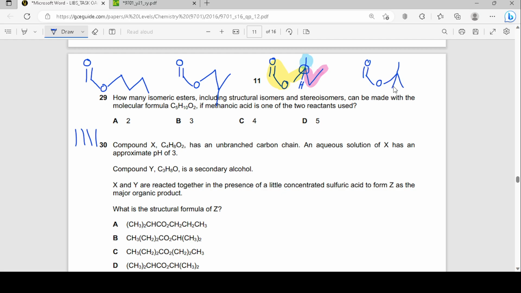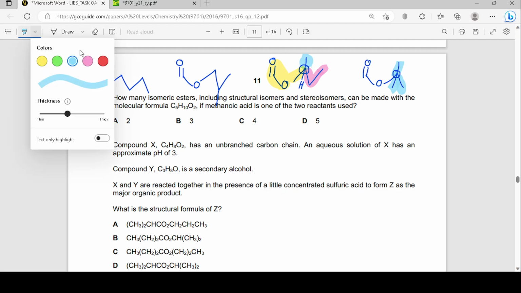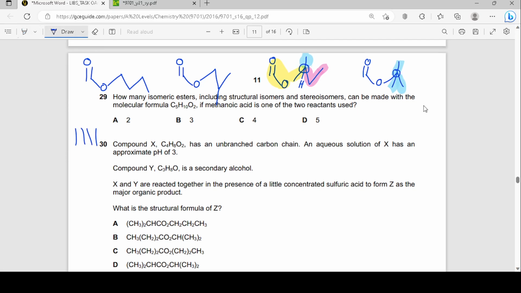No optical isomers because this carbon atom has three of the same groups attached. These three are all methyl groups, so it cannot have optical isomers, and because it does not have a C=C double bond, it cannot have geometrical isomers either. But this is another structural isomer, so that makes five in total. So four included the chiral center, and then five because there's no chiral center.